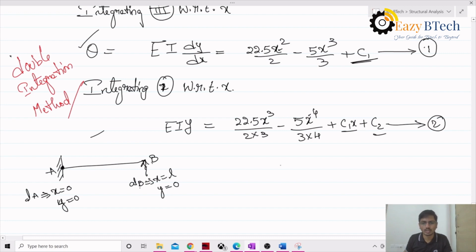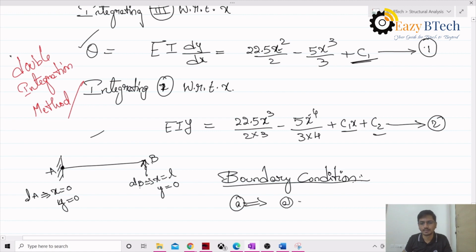These values I have written are known as boundary conditions. If you have any support, you will definitely get these boundary conditions. What are they? At A, x equal to 0, y is 0.